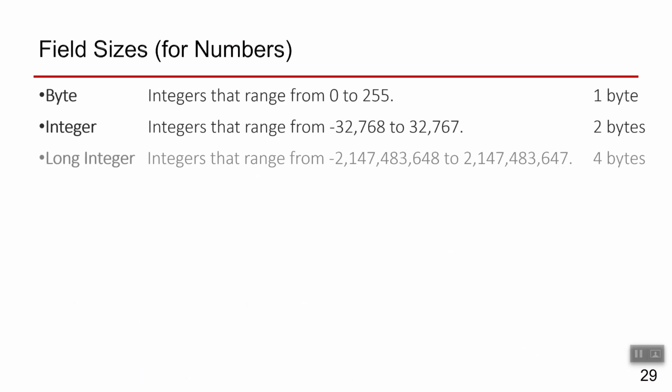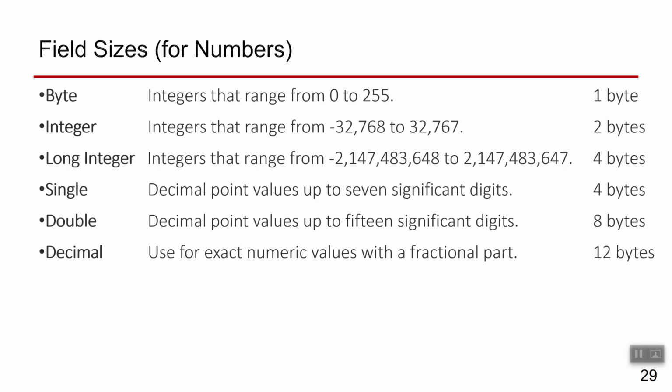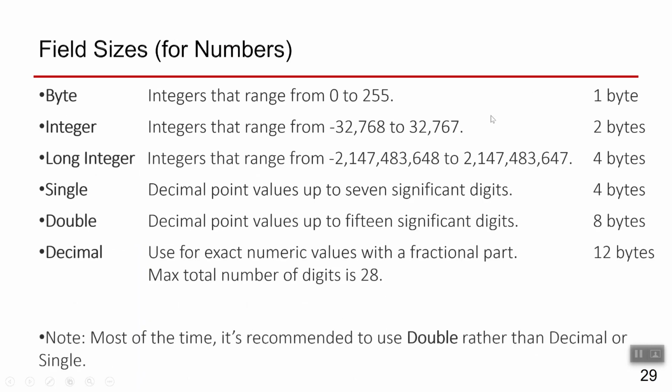Right, as I mentioned, for numbers, we have different field sizes, and you'll notice that as we move through this list from top to bottom, we have an increase in the field size in terms of its storage space. And so it's best to use the smallest field size that's necessary, so we don't have unnecessary storage space reserved.